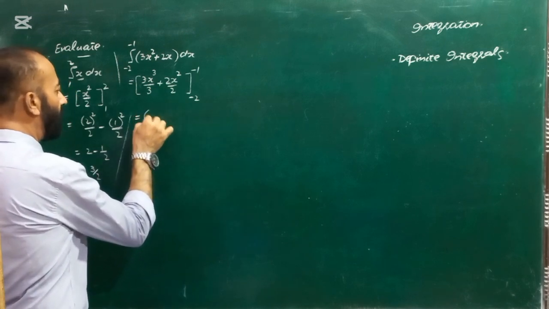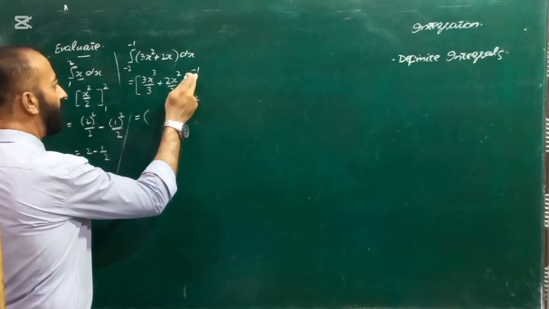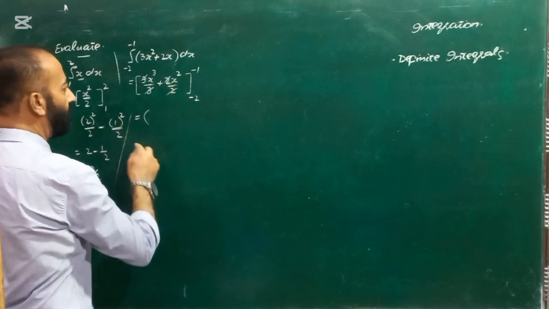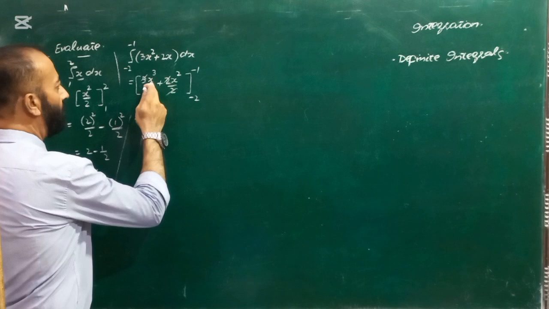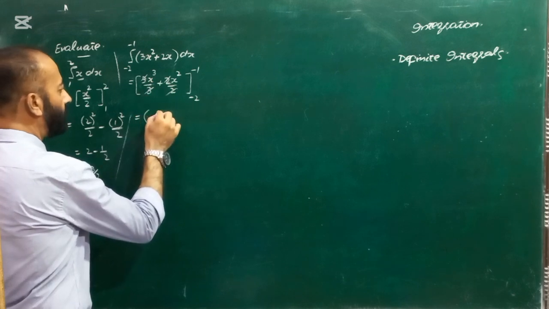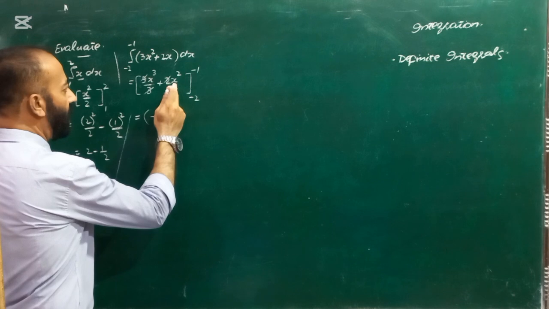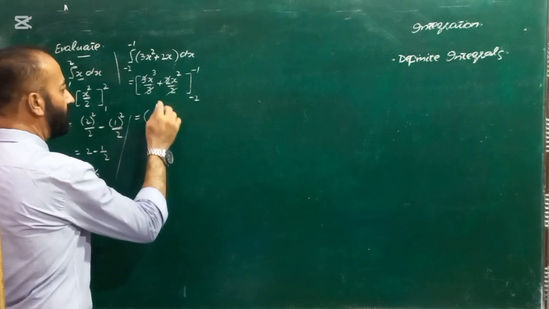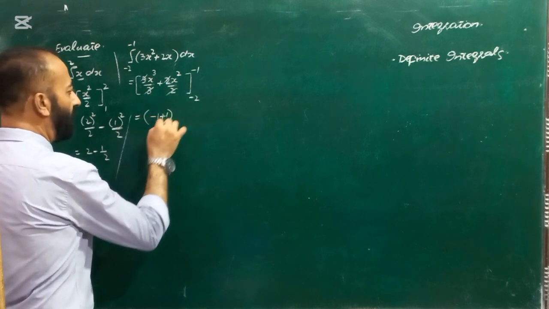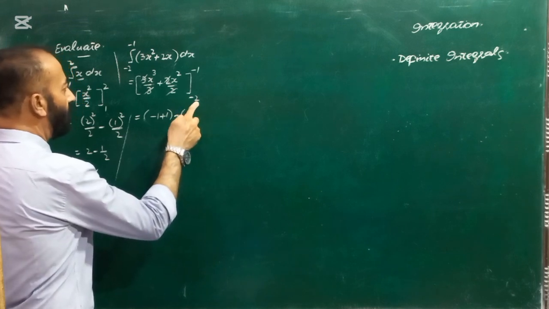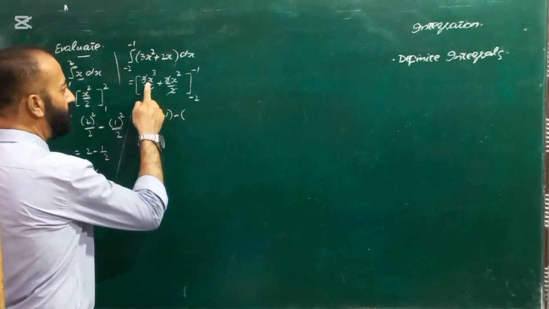Look now, upper limit, that is minus 1, because 3 will be cancelled by 3 and 2 will be cancelled by 2. So upper limit: minus 1 cube is minus 1 and minus 1 square is plus 1. So the upper limit has been placed, minus the lower limit. Now the lower limit is going to be applied here.